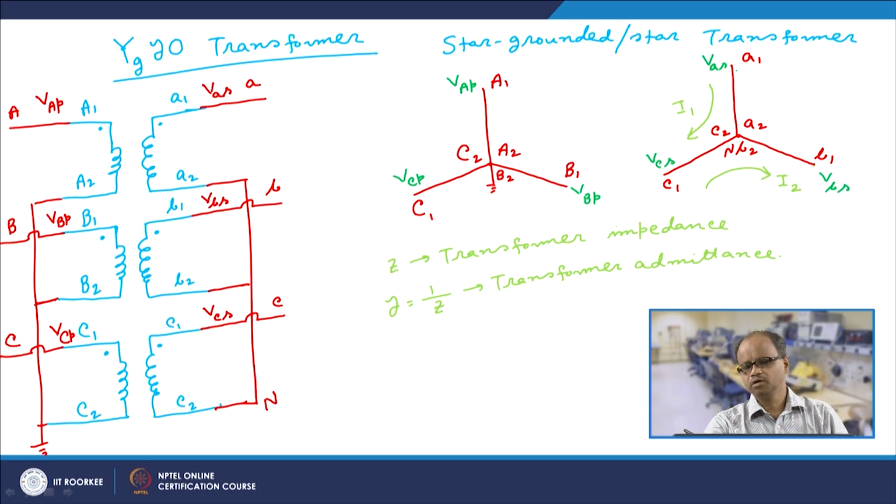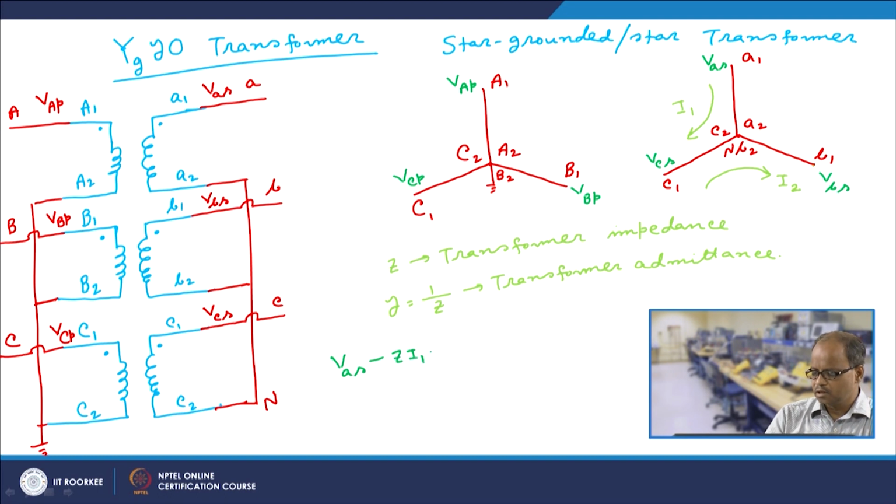When I go in this direction, we get the equation VAS, this voltage, minus the drop due to this current I1, so Z into I1, and there would also be another drop. Because these two windings are magnetically coupled with each other, when we travel in this direction, we will also get one reflected voltage here.